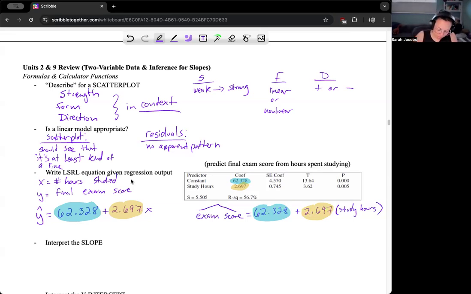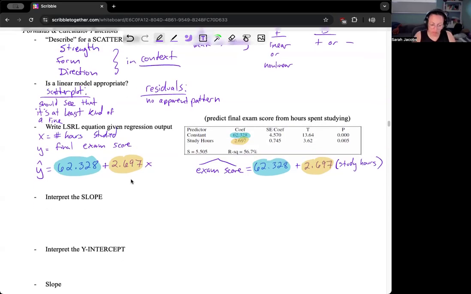Okay, onward. Interpreting the slope. Remember, this is a sentence stem. You should memorize it. Many of you have, many of you haven't. The decision is yours at this point.